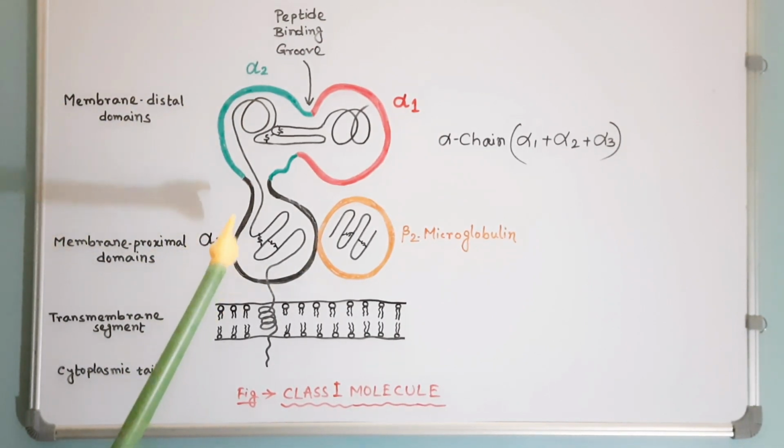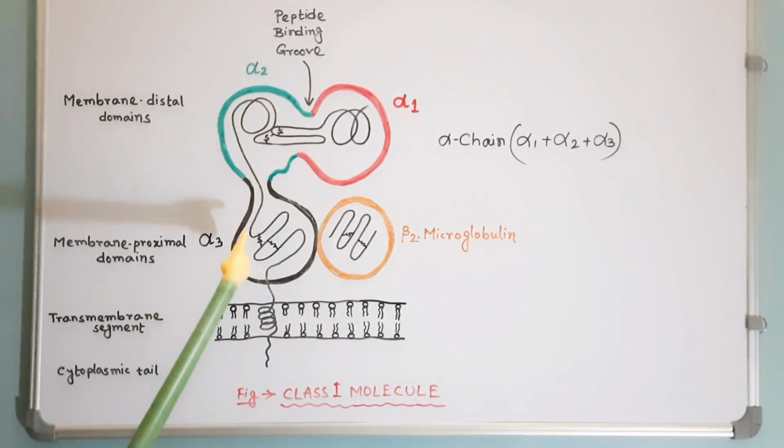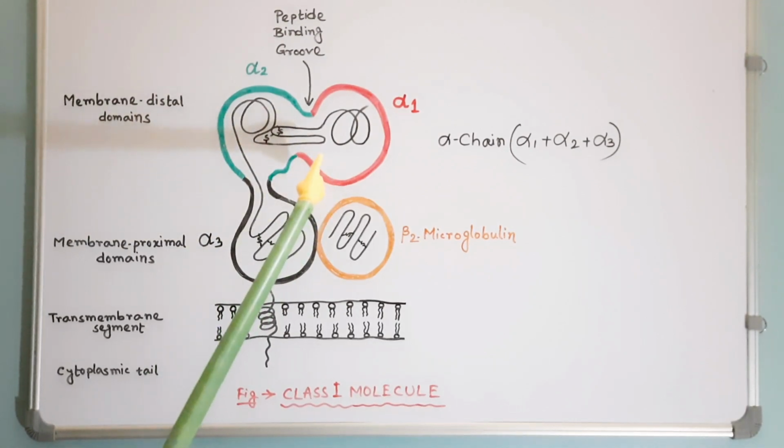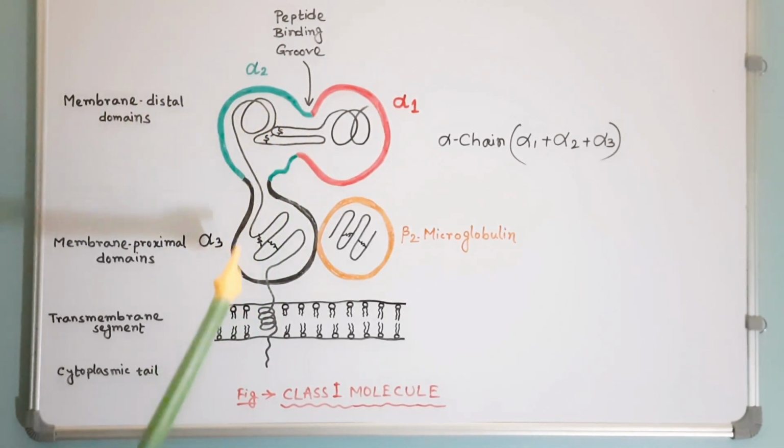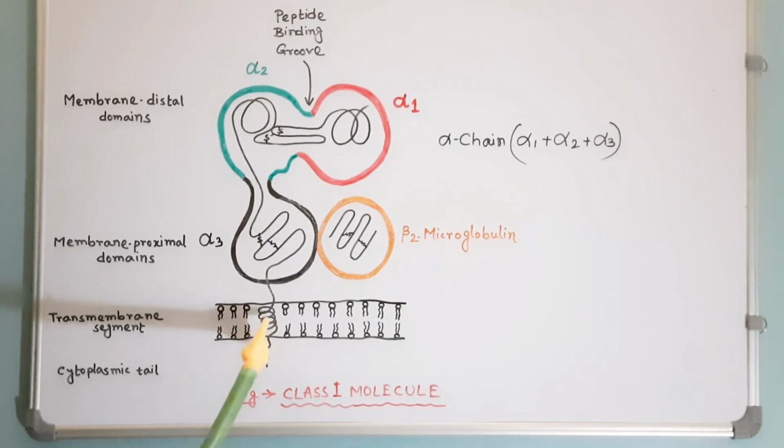Each domain is approximately 90 amino acids long. The transmembrane domain is about 25 hydrophobic amino acids followed by a short stretch of hydrophilic or charged amino acids. The cytoplasmic anchor segment is of 30 amino acids.